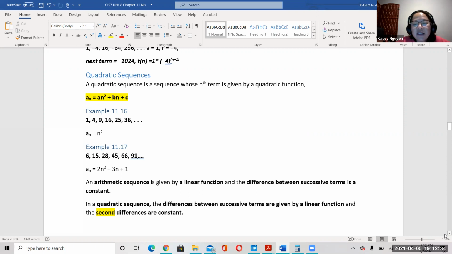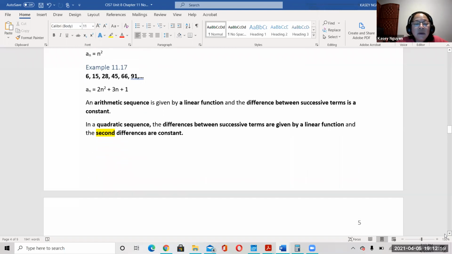In a quadratic sequence, the difference between successive terms is given by a linear function, and the second differences are constant. So there are two levels of differences. The first level of difference in quadratic is a linear function, and the second level of difference is a constant.